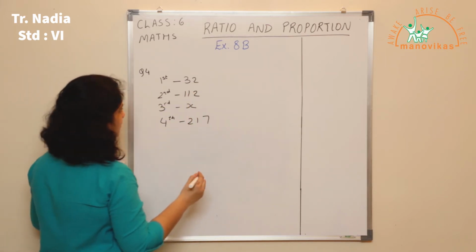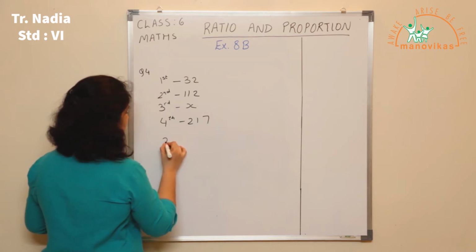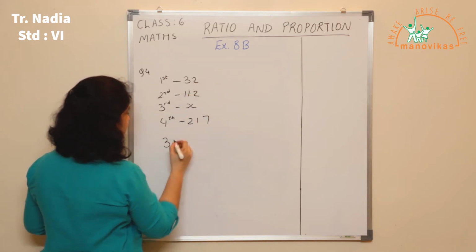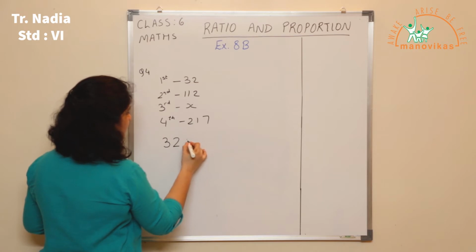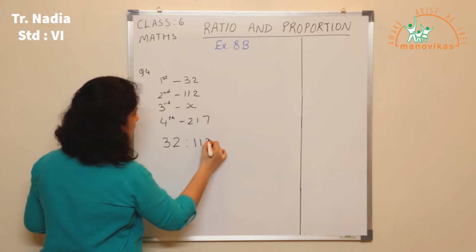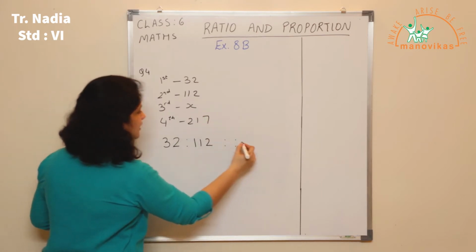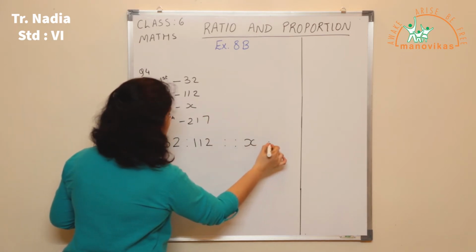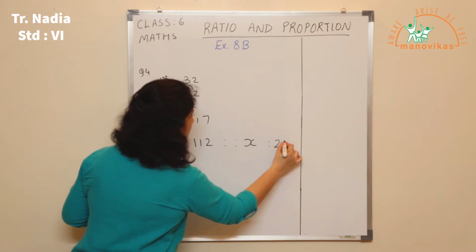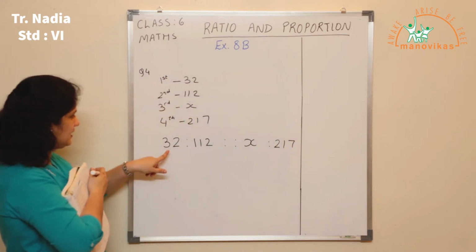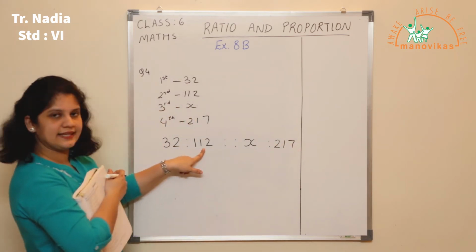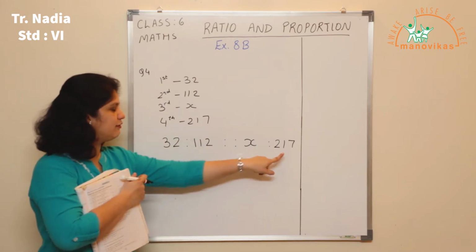Now I will write it as a proportion statement. So it will be the first ratio, first and second terms, given as 32:112 is as third term is x and fourth term is 270. Okay, this is the first term, second term, third term, fourth term.